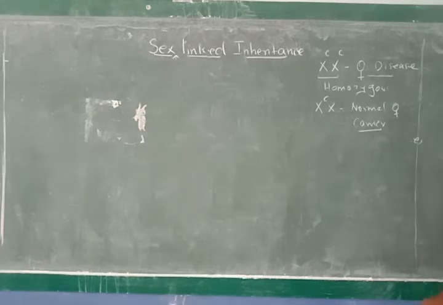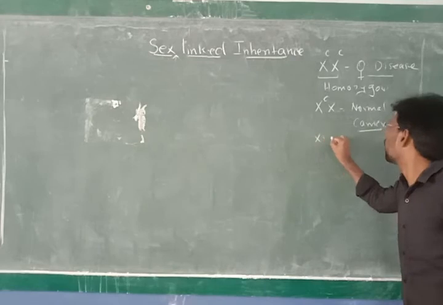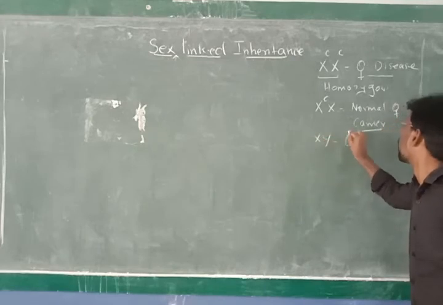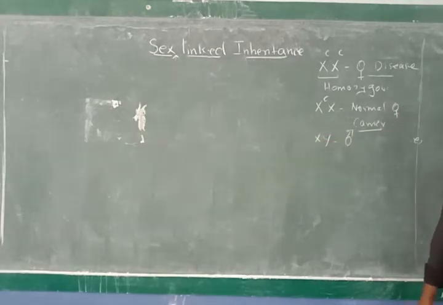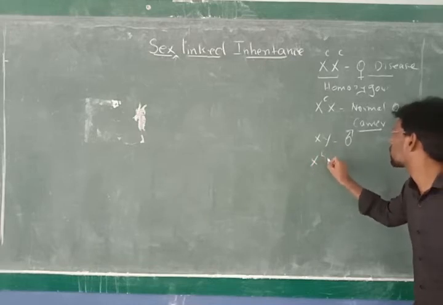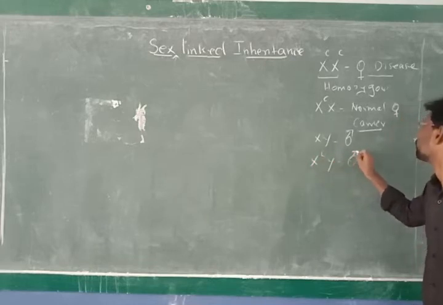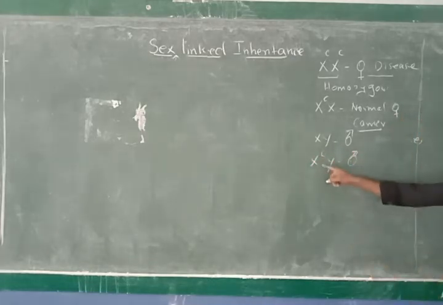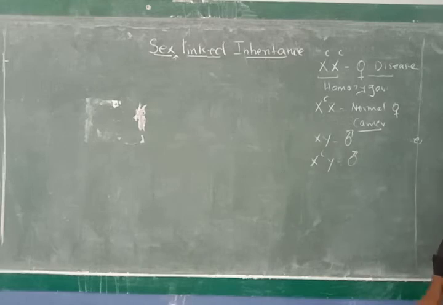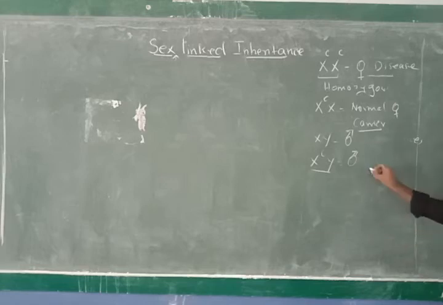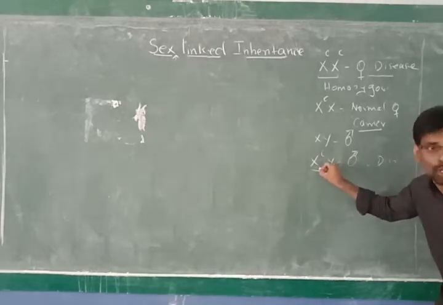That is one. Now, a male like this is a normal male. If the male is like this, is it called affected or carrier? Yes, it is disease or affected. Why? Because a male has only one X chromosome.